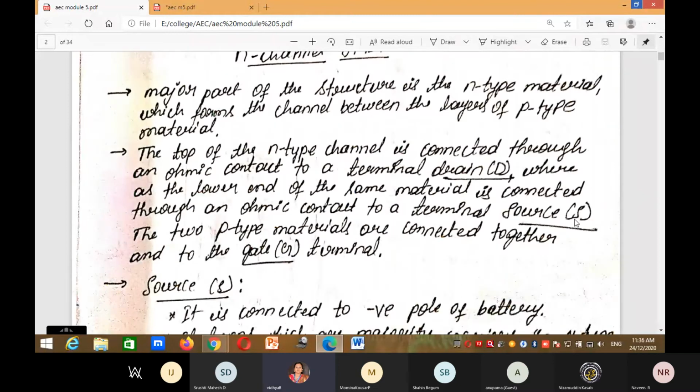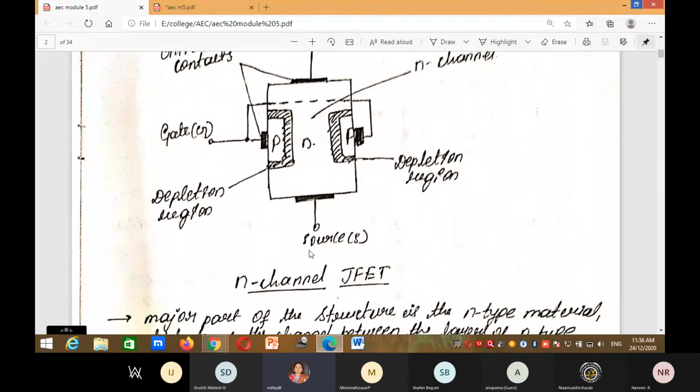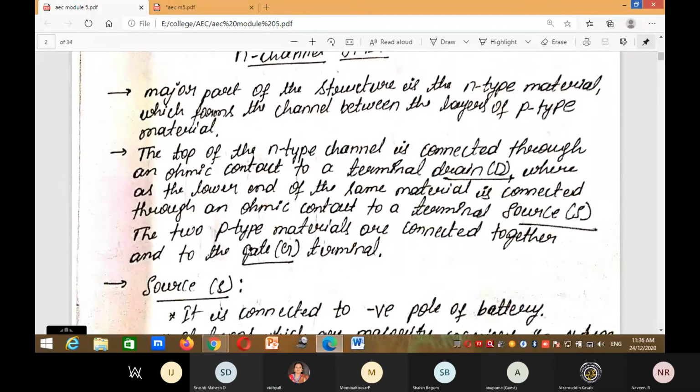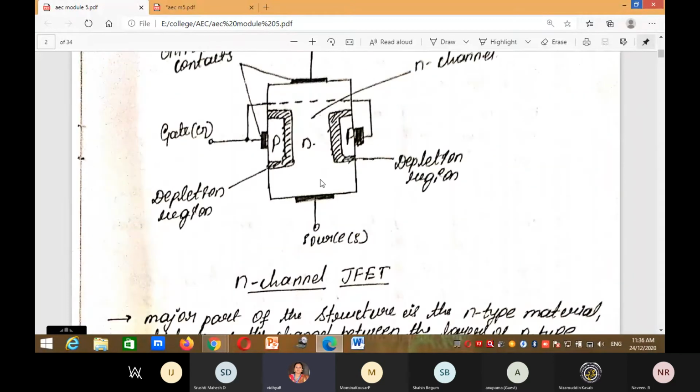Whereas the lower end of the same material is connected through an ohmic contact to a terminal, source. You can observe here also an ohmic contact next to source. The two P-type materials are connected together and to the gate terminal. You can observe here, two P-type materials connected to the gate.